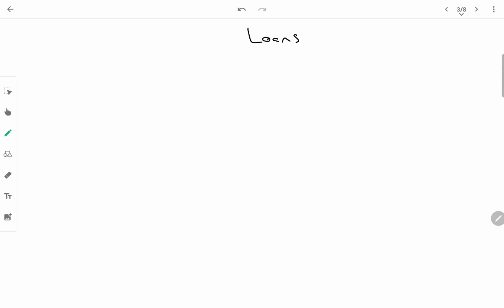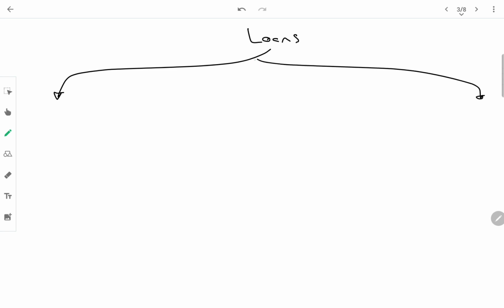What are the different types of loans? Consumer loan, mortgage loan, and business or investment loan.